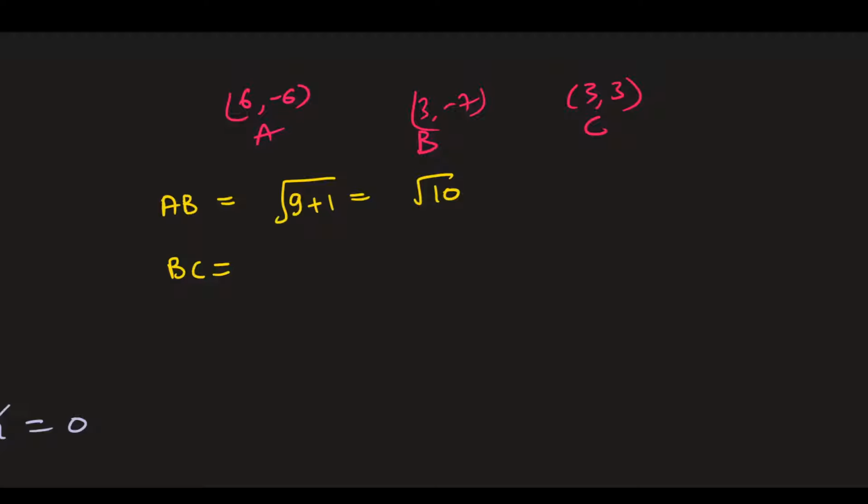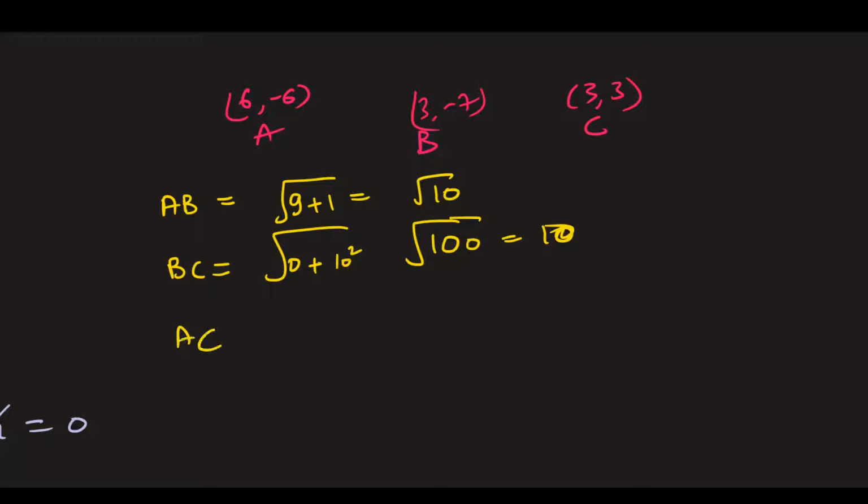The length BC is root 10 only. Why? It is root of 0 plus 10 square, that is root 100, that is 10.